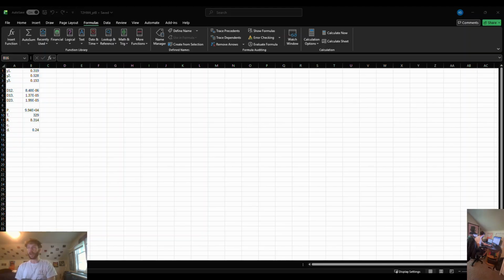Okay, so here we are in Excel, and I have written out some of the values that we need. So we have our mole fractions of acetone, methanol, and nitrogen, and then we have our diffusion coefficients between acetone and methanol, acetone and nitrogen, and methanol and nitrogen.